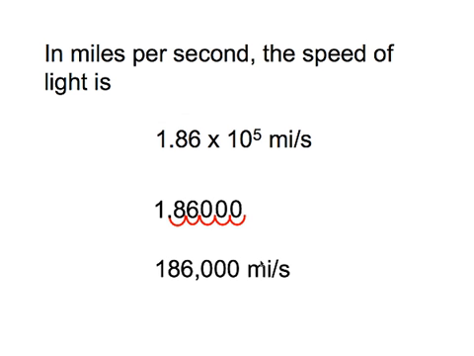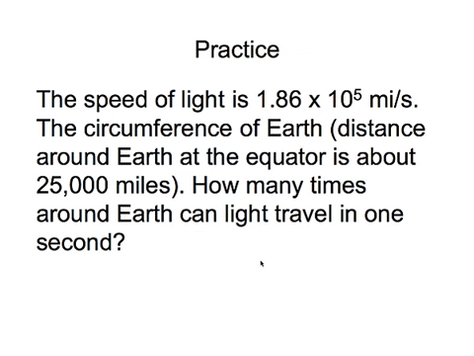Let's practice doing this. The speed of light is, again, 1.86 times 10 to the 5th miles per second. The circumference of Earth, that is, the distance around Earth at the equator, is about 25,000 miles. How many times around Earth can light travel in 1 second? In answering this question, we will use many of the skills you have learned so far.